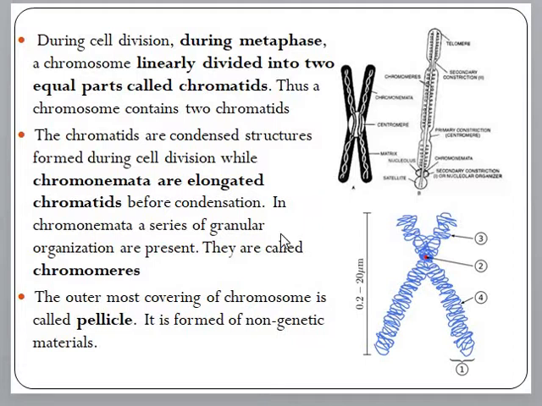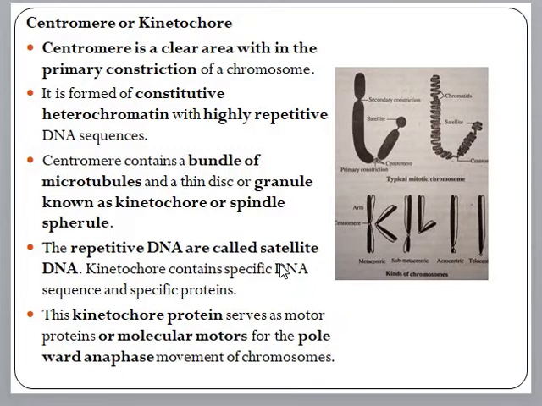Small granular bead-like structures present on chromonemata are called chromomeres. The chromosome has an outer covering called a pellicle, formed of non-genetic materials.